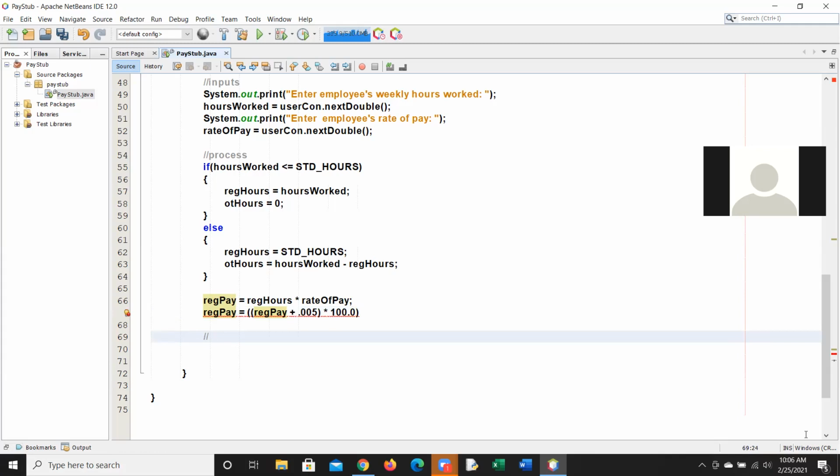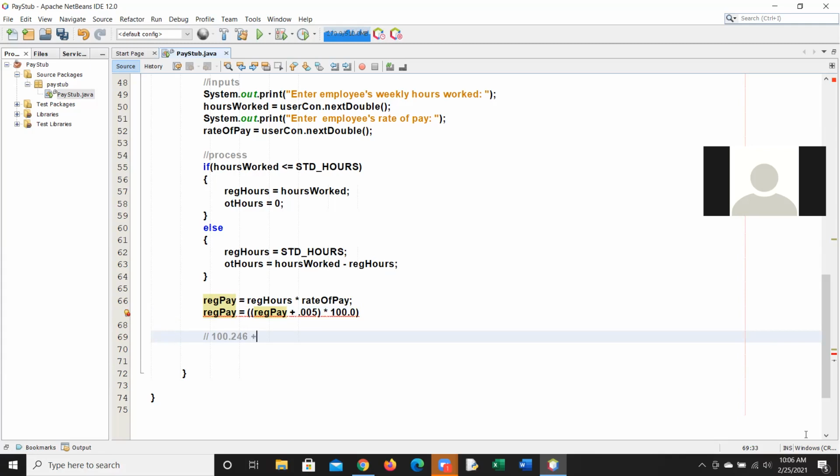So let's say my regular pay is 100.246 dollars.